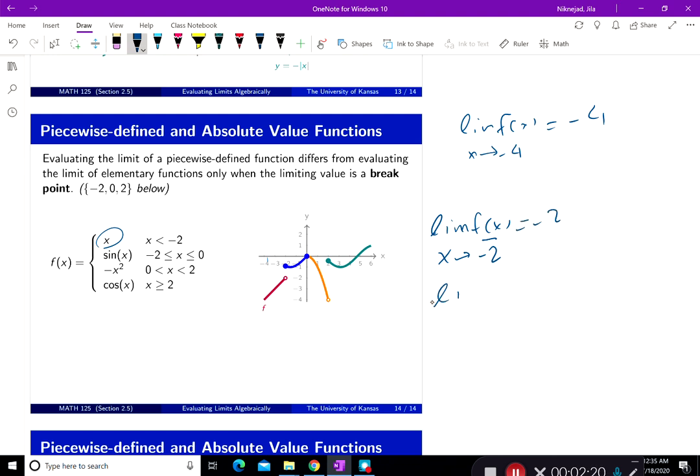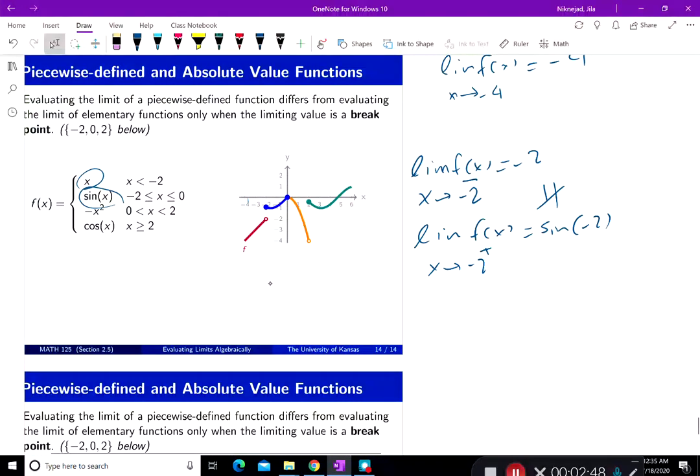And then the limit of f of x as x approaches -2 from the right side is exactly plugging into that one, which is sine of -2. And these two are not equal to each other, and therefore the limit doesn't exist at -2. And we can see that there is a gap between them, so there is a jump.